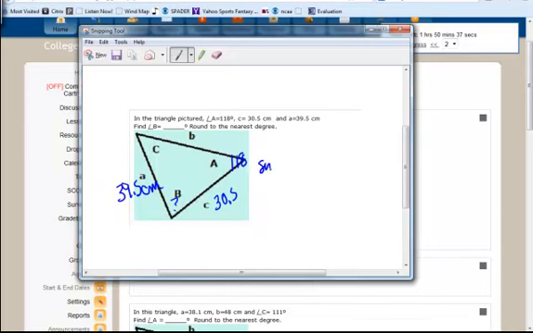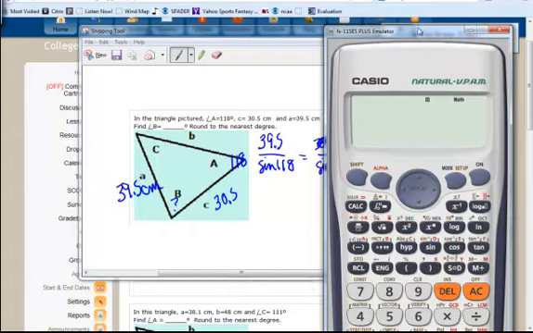So if we tried to use the law of sines, we'd have a sine of 118. Oh no, we can use the law of sines. 39.5 goes up there, and C is 30.5. So we can find the sine of C.